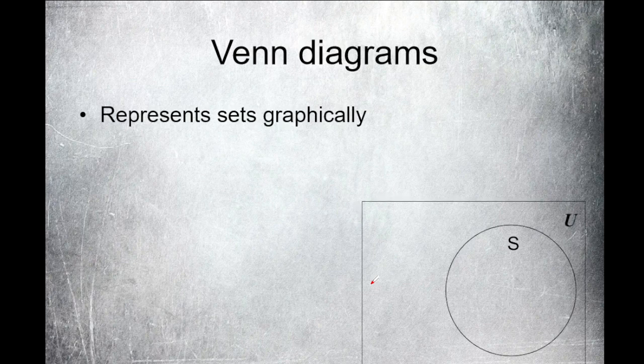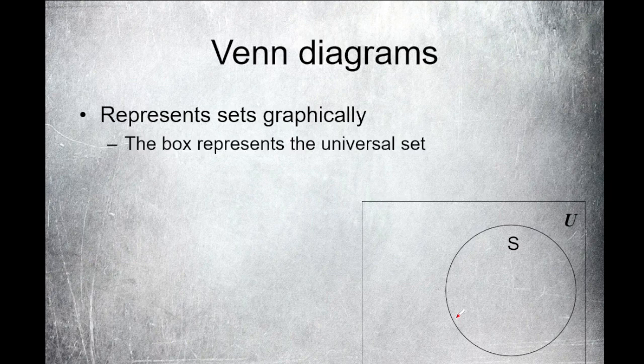Here you can see two sets, one is U and the other is S. U is a universal set, S is a set which is part of the universal set. So the box is representing the universal set and the circle is representing any other set, set S.